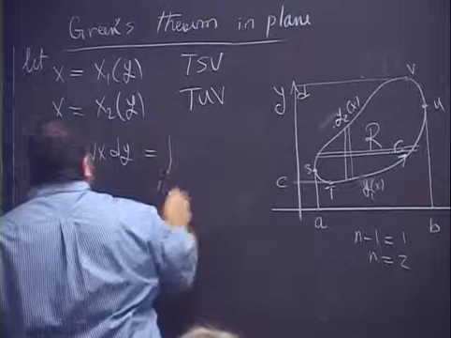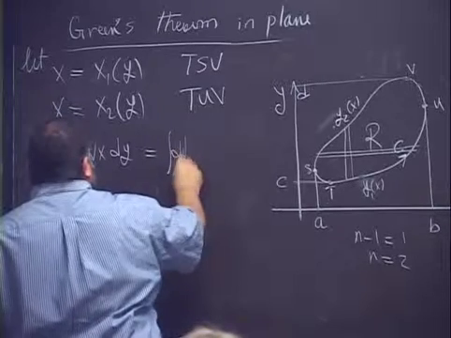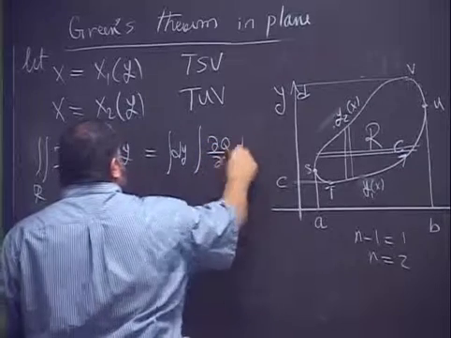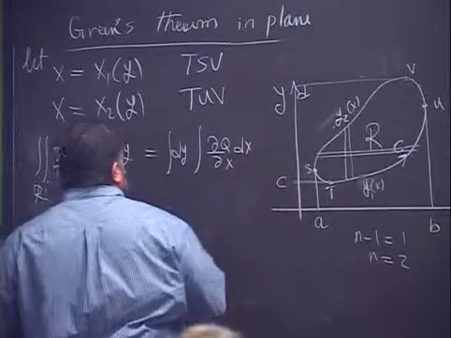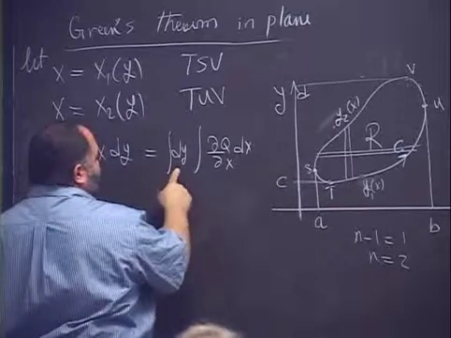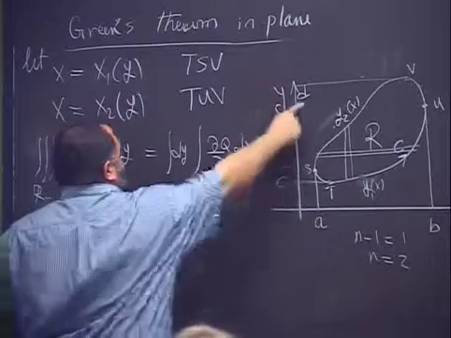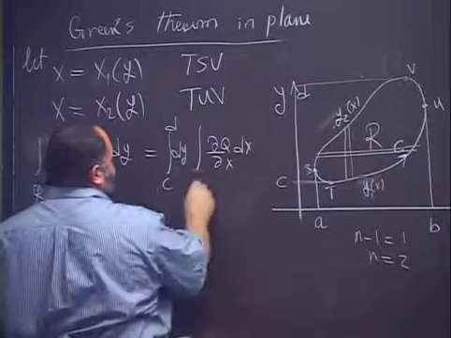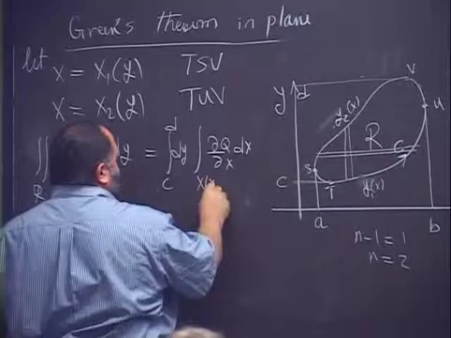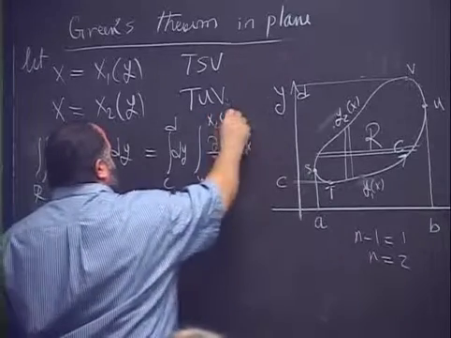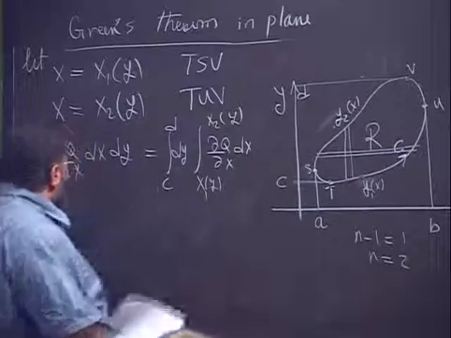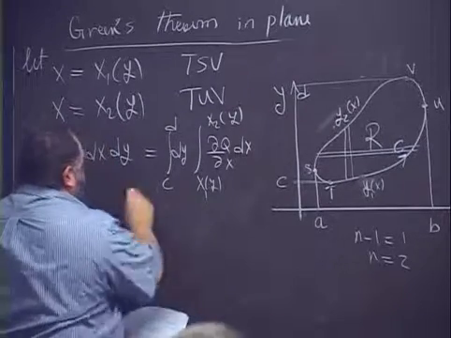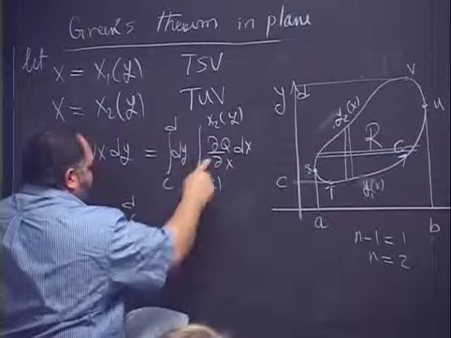So we can separate this into two integrals. The first one, I will integrate the dq by dx over delta x, and I will integrate dy. dy will go from c to d, and dx will be from x1 of y to x2 of y. Now, we'll do exactly the same. So this will give us from c to d dy, and what's this integration?